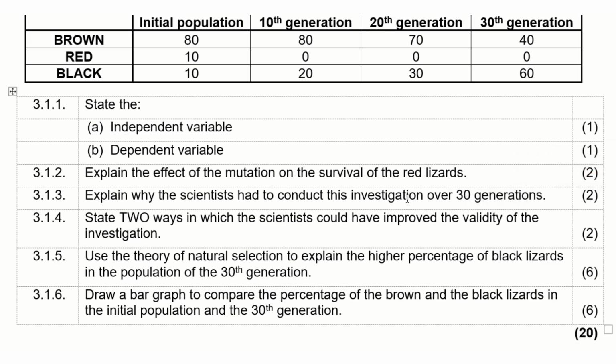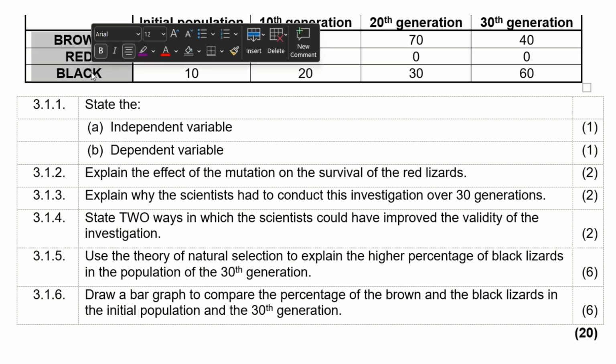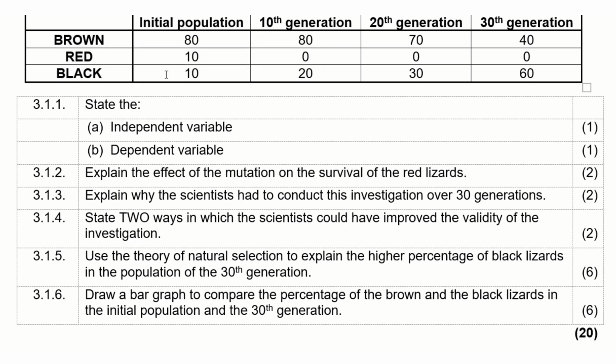And in this case, if you think about the investigation, if you are doing an investigation to see how the color changes over time, so the survival rate of different lizards changes over time, you need to do it over multiple generations, because otherwise you might not see the change. You might not see a change after one generation, you might only see a change after many generations.